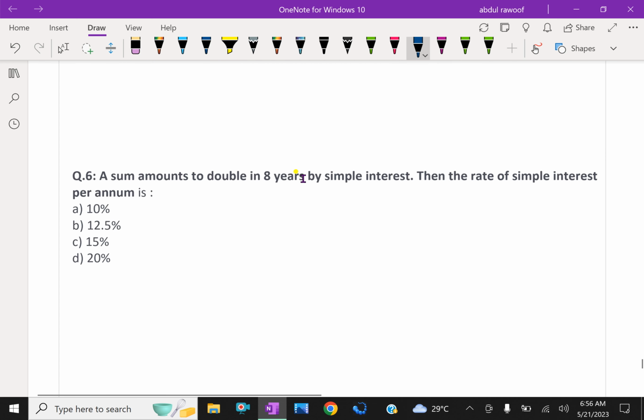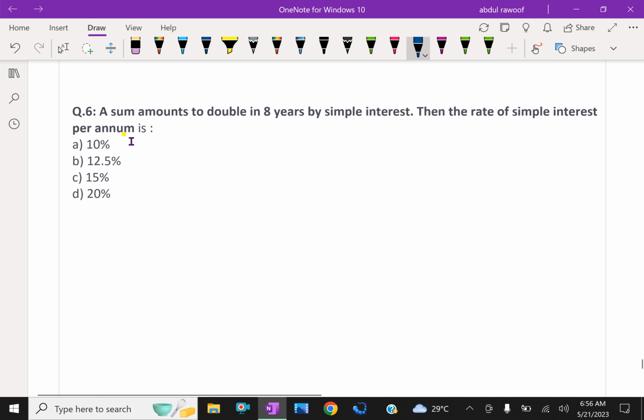Question number 6. A sum amounts to double in 8 years by simple interest. Then the rate of simple interest is? Here, the sum amounts to double in 8 years.